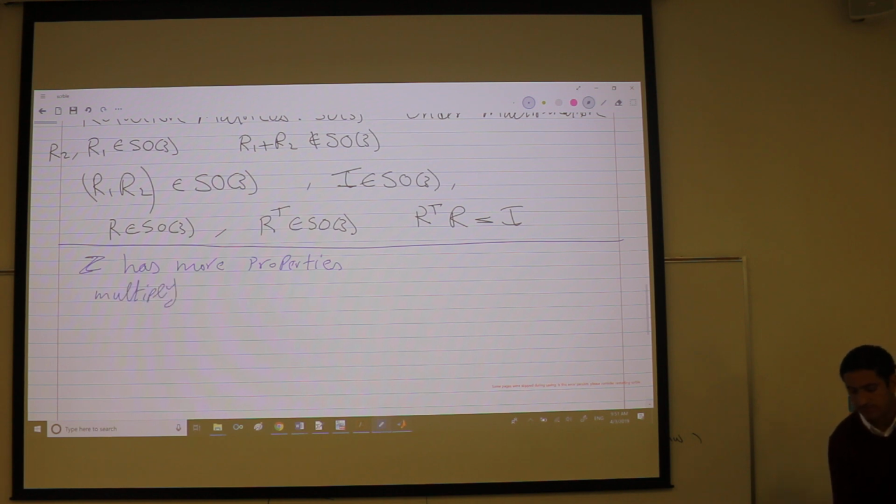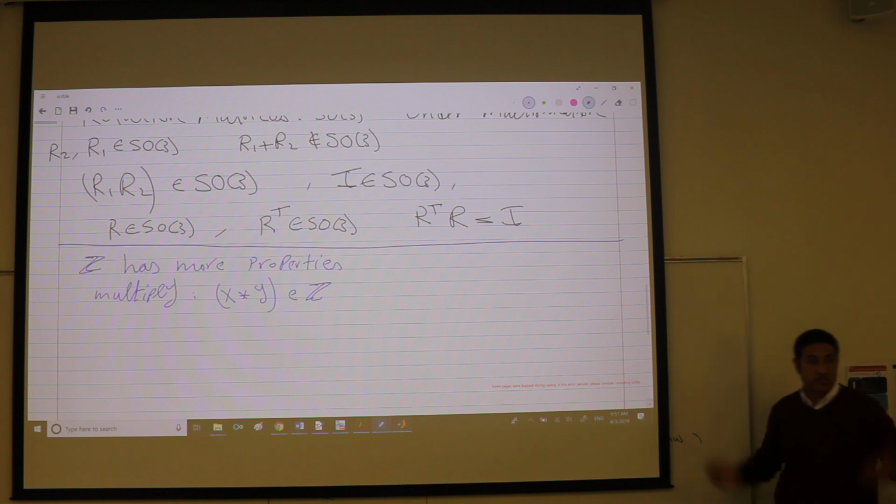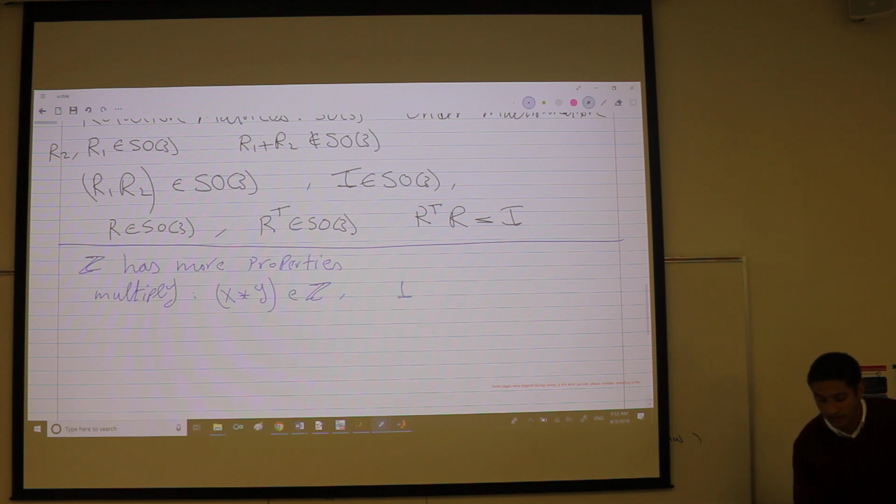It's not only addition. We can multiply any x and y in Z, and the result will be in Z, right? You multiply two integers, you get an integer. And we have a unity, an identity element with respect to multiplication. We have 1. If you multiply this with any x, you get back x.